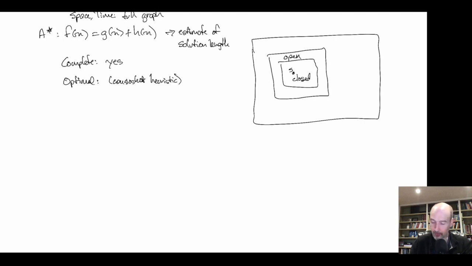Just to be consistent with how I do my animations and how they're sitting on my website, we have in red here the closed list, and in green here the open list.